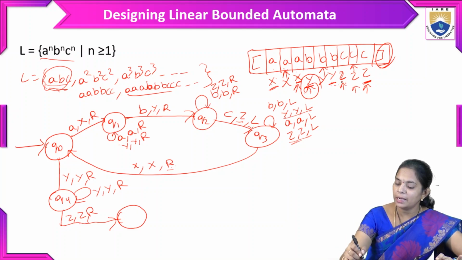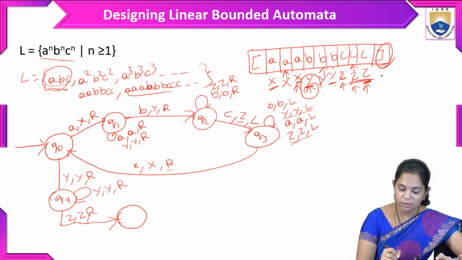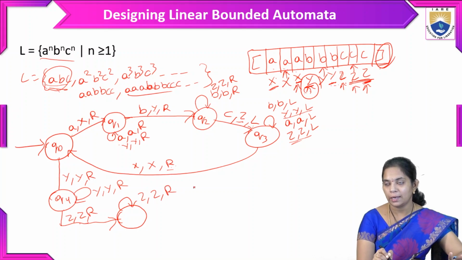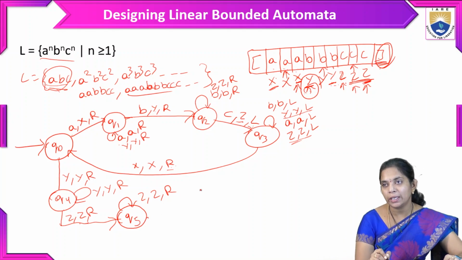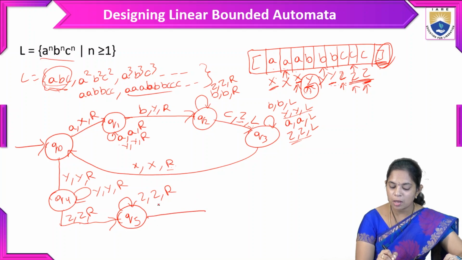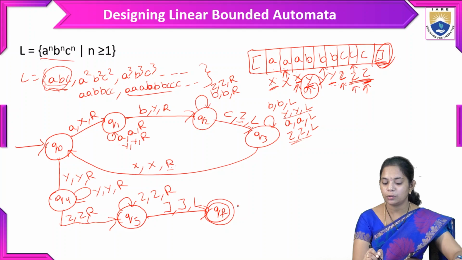This is for one z, and here two more z's are there. For this step, two more z's are going to be replaced with z and move to the right direction. And this is q5, and here we saw the right end marker. So when we saw the right end marker, we replace it with the right end marker and move to the left, and we need to end the state here. That is the q final state we need to reach.